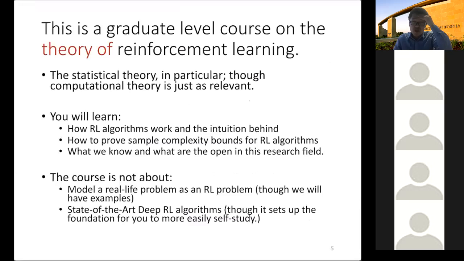So if you're looking to learn reinforcement learning algorithms such as deep Q learning, actor critic, and other methods, and learn the model architecture, how to construct a neural network, and then set up the experiments to learn how to play the game of Go, then this is potentially not the right course for you.